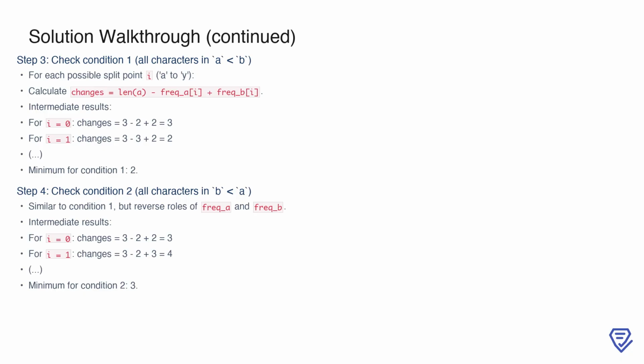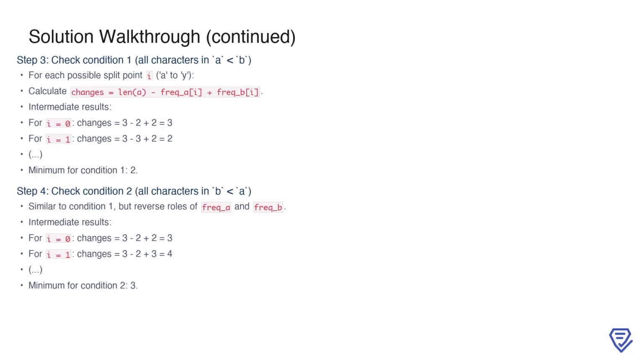Now, we evaluate the first condition, ensuring that all characters in A are lexicographically smaller than all characters in B. This means we need to find a split point i from a to y, where everything before i is in A and everything from i onward is in B. For each i, the number of changes required is calculated as len(A) - frequency_A[i] + frequency_B[i], which represents making all characters in A less than i and all characters in B greater than or equal to i.